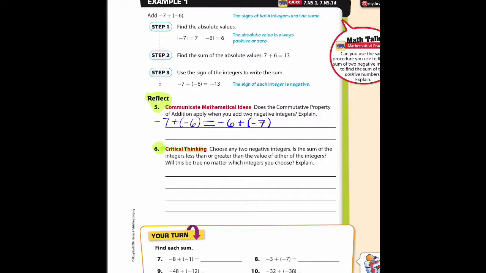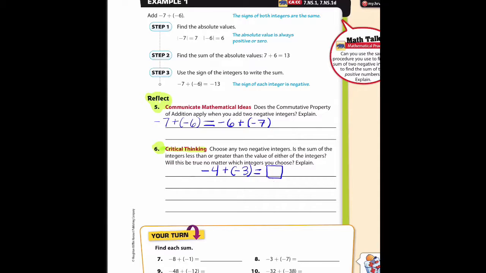So for example, if you add -4 and -3, when you find the sum, will that be greater than either of these two? Or would it be less? And once you find that answer, you have to tell me, will this be true no matter which integers you choose?